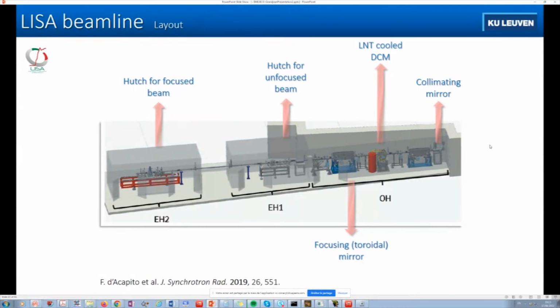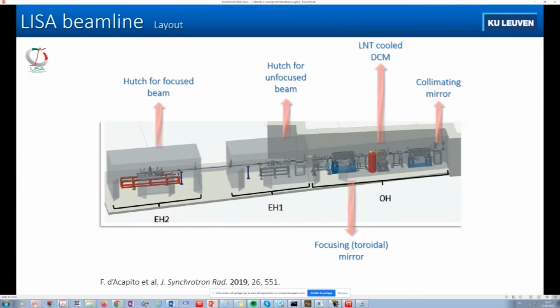So here is the storage ring. So the beam is coming in like this. All the lines are equipped in about the same way. You have the optical hutch, and you have mirrors for the focusing.